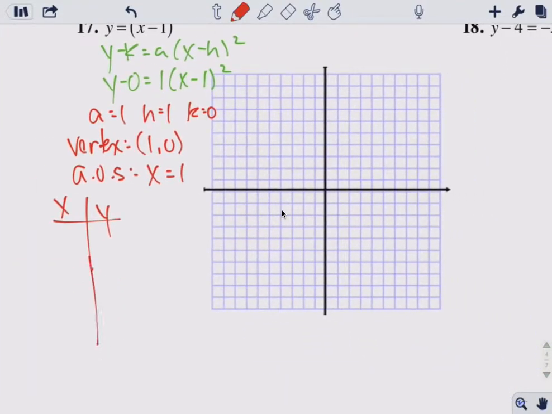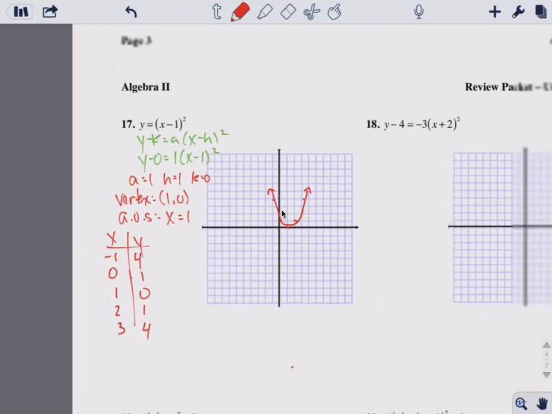Remember the table is based off of putting the vertex in the center, subtracting 1 multiple times, or adding 1 multiple times on the x, and then we add a for the first term, then add 4a. 0 plus 4a is 0 plus 4 for those, and then I just plot those points. -1, 4, 0, 1, 1, 0, 2, 1, 3, 4. And that's how it's graphed, more or less.